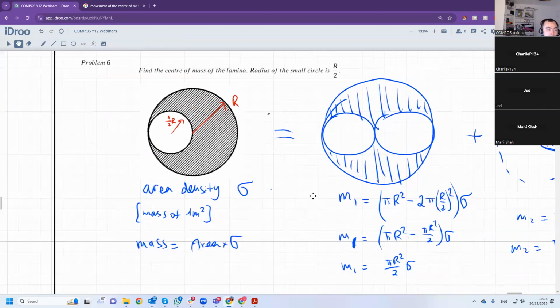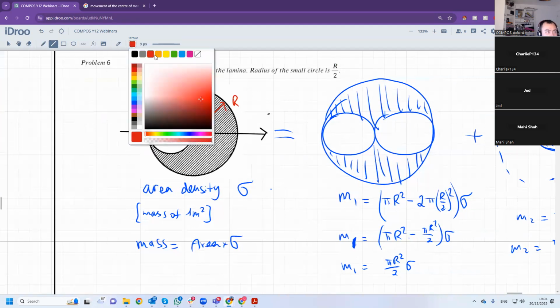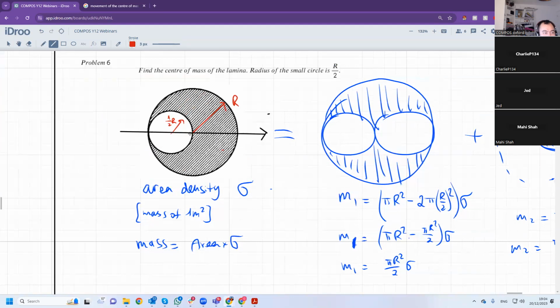And then you choose an axis. You could choose the x-axis. So this is 0 on the x-axis, and the big disk is at 0, 0.